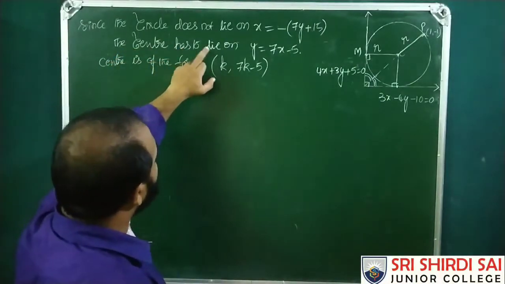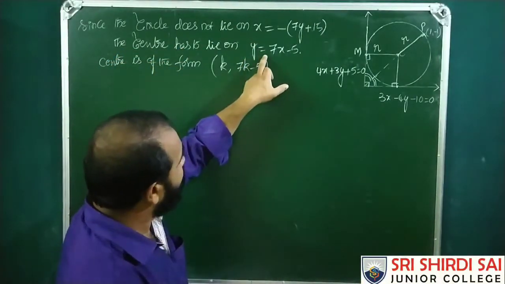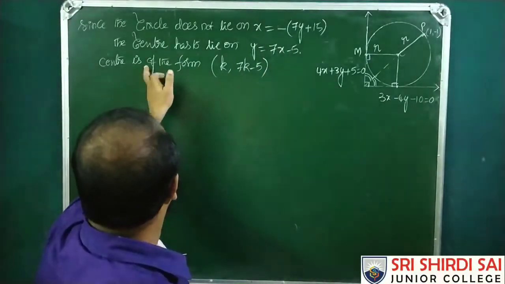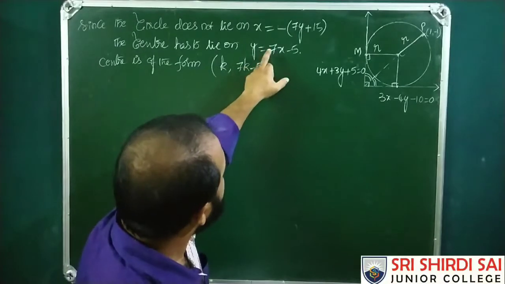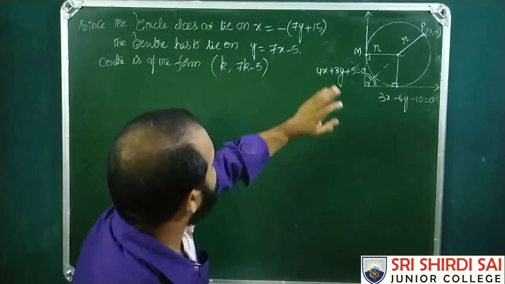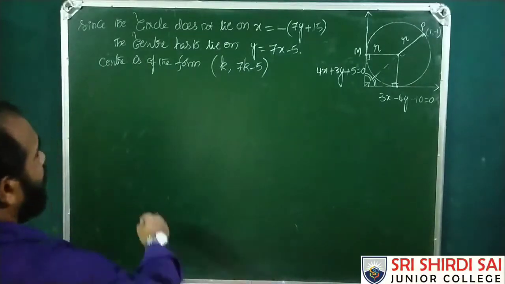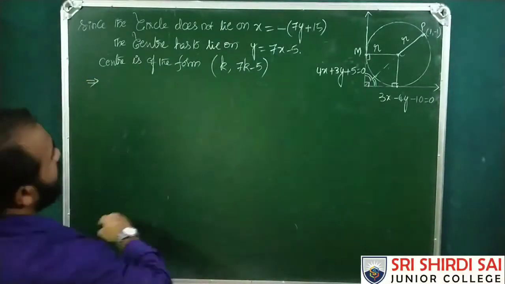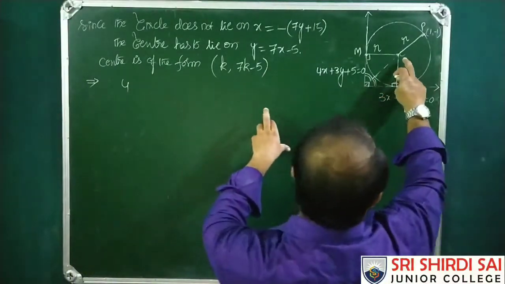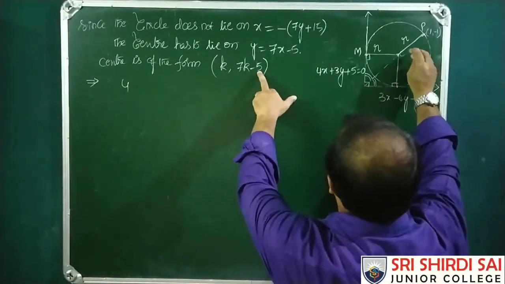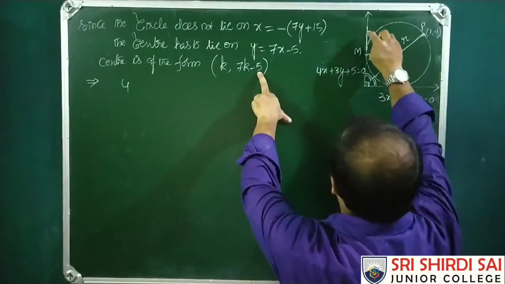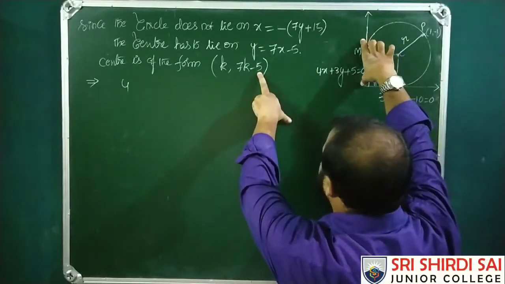The center has to lie on the another possibility which we have prepared before, y is equal to 7x minus 5. So therefore it is of the form k comma, x coordinate, if you take k, then y coordinate is 7k minus 5. So C is k comma 7k minus 5. So the perpendicular distance from the center of the circle to any one of the lines, so this line I am taking.